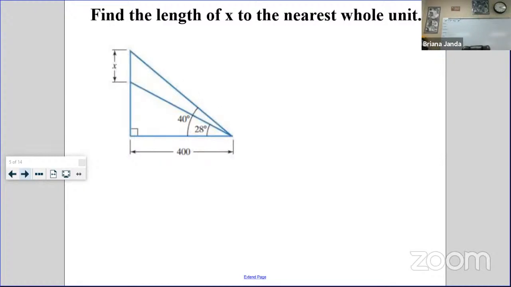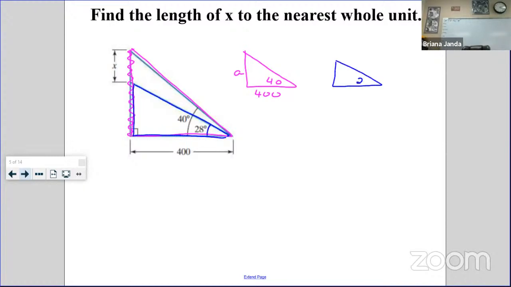Again, the two right triangles that I see: this big right triangle here that has a 40-degree angle, a side of 400, and this entire side right here, we'll just call that letter A. And then my second right triangle would be this smaller right triangle that has an angle of 28 degrees, and again, a side of 400, and its side right here, we can call B. So then how does X relate to those two values?